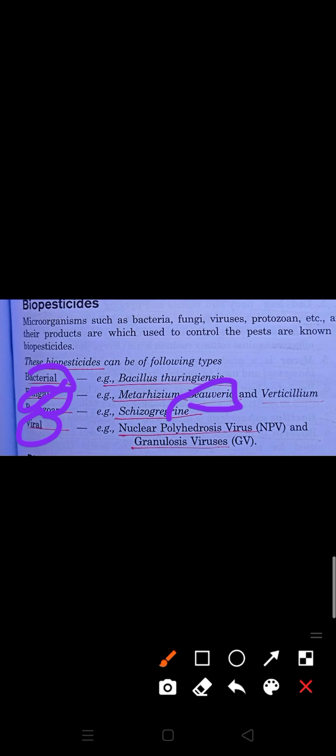This fungus is used to control the potato beetle and the codling moth. Okay, the beetle that damages potatoes is killed using this fungus. Okay, so these are the ways, examples have already been discussed here. Like this, different agents can be used to fulfill the requirement of different chemicals.